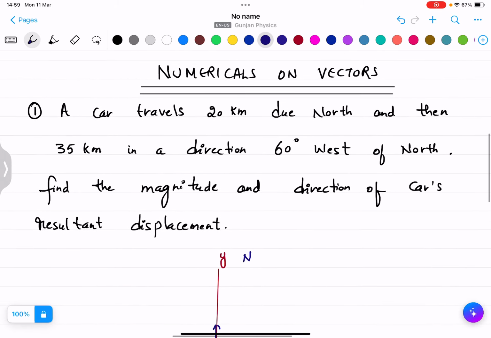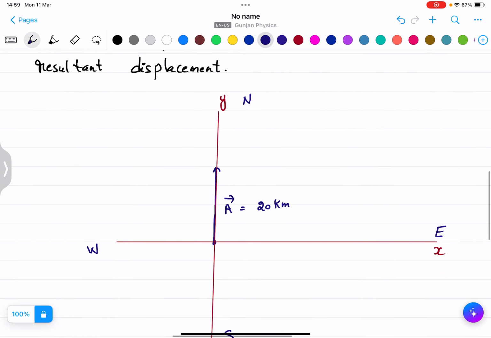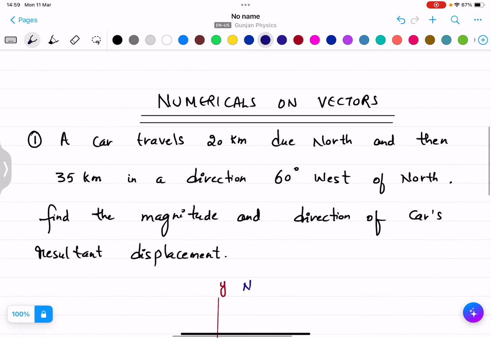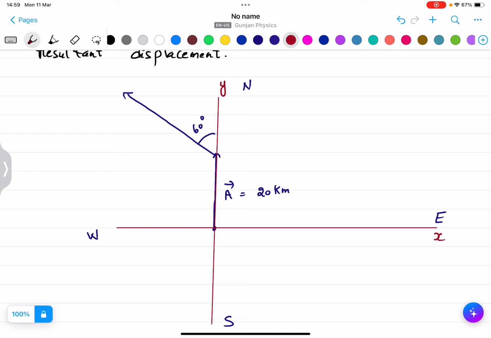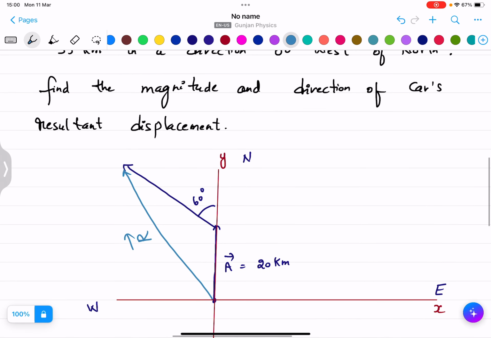And then 35 kilometers in a direction 60 degrees west of north. West of north means which quadrant? Second quadrant. And what is the angle? 60 degrees. From here it is making a 60-degree angle in west of north. And we have to calculate the resultant, let us say R vector, and then find the magnitude and direction of the car's resultant displacement.